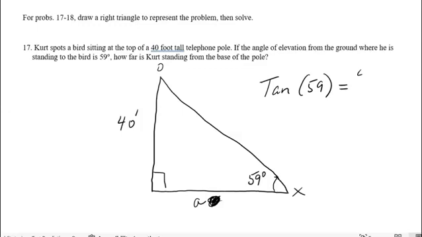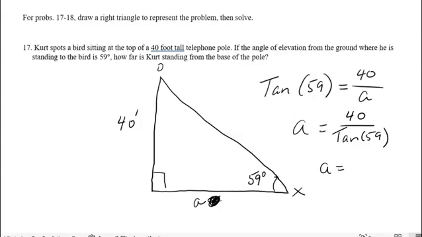So tan 59 equals the opposite side divided by the adjacent side, which I'm just calling A. And now to solve, I'm going to multiply by A and then divide by tan 59. So the result of that is just A and tan 59 are going to switch places. And now we just go to our calculator and do 40 divided by tan 59.